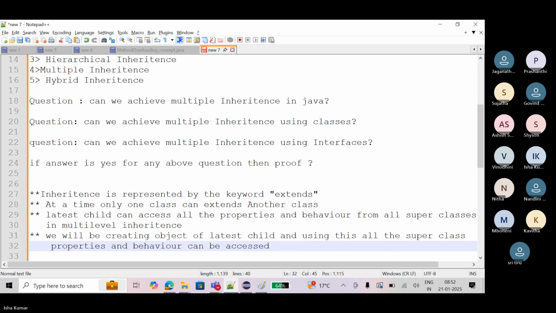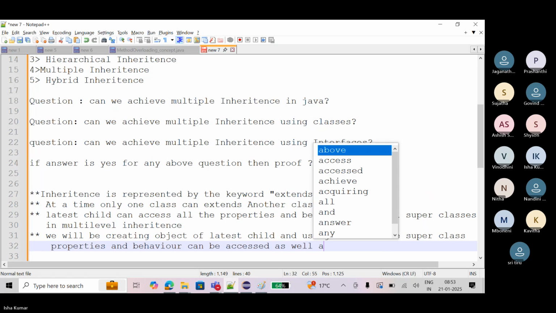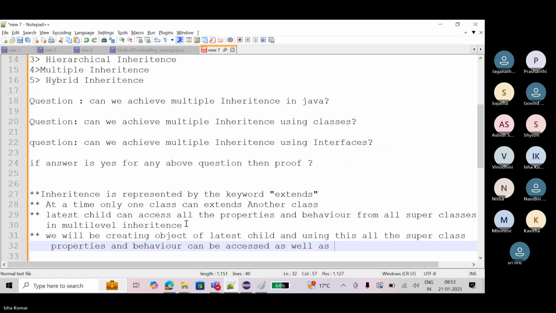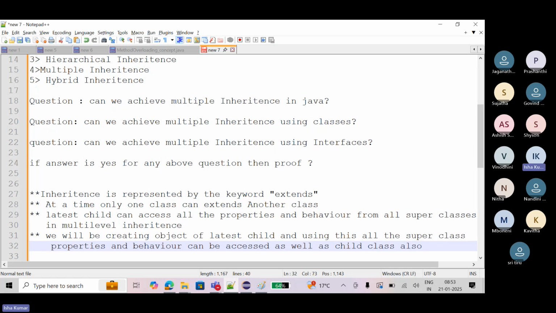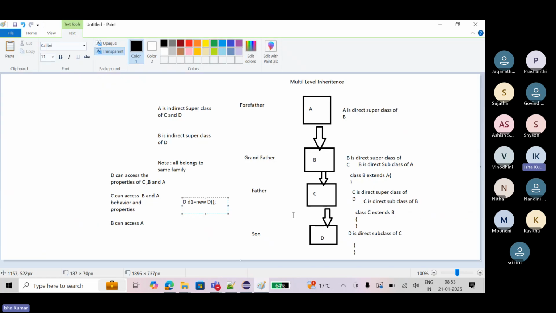Okay? In all the inheritance, you just take the object of the child and you can access the properties and behavior of all the superclasses as well as our child class, meaning the class for which you are creating the object.